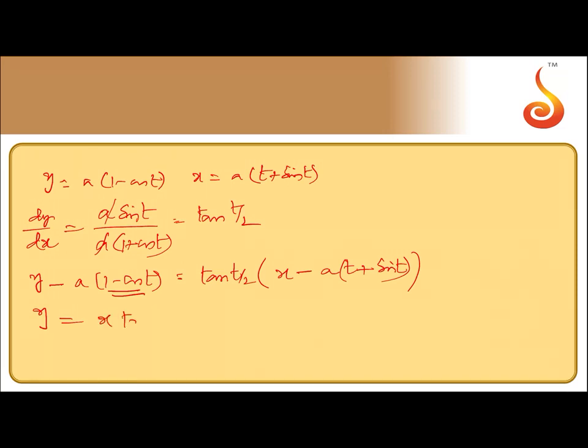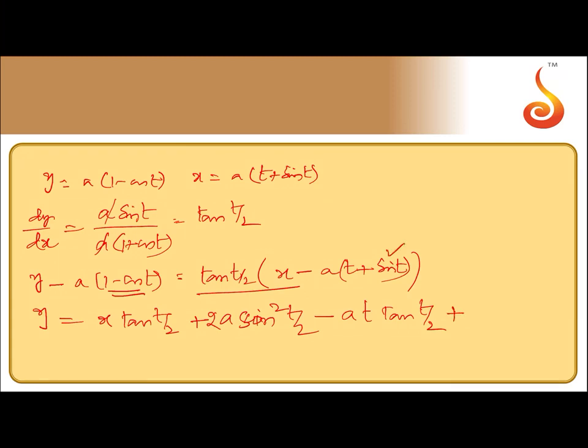So you can write this as x multiplied by tan t by 2, the first part, plus 2a sine square t by 2, and of course minus a t multiplied by tan t by 2.